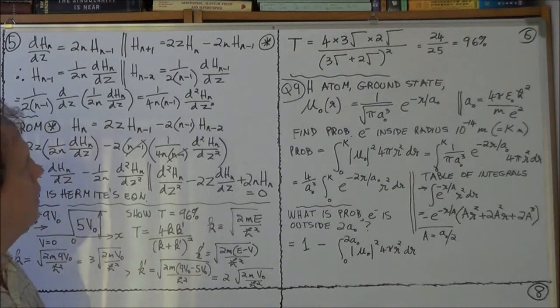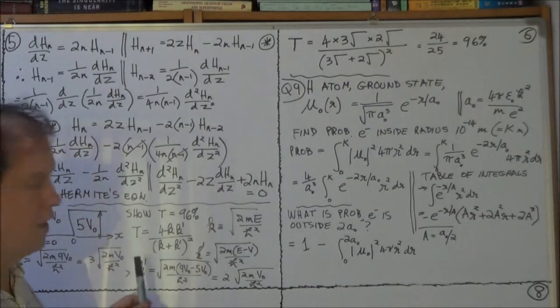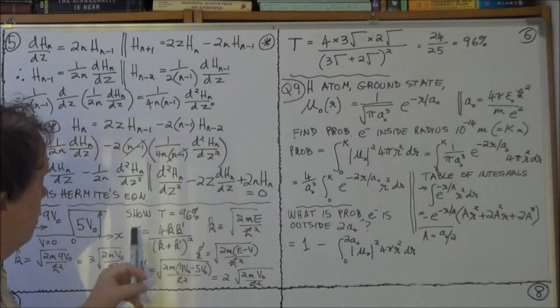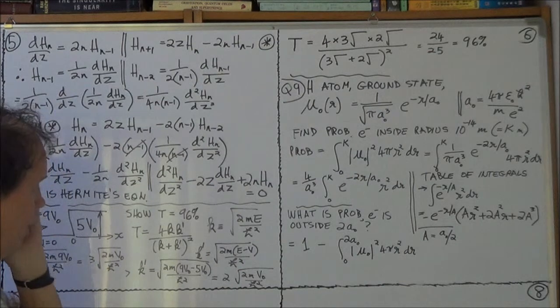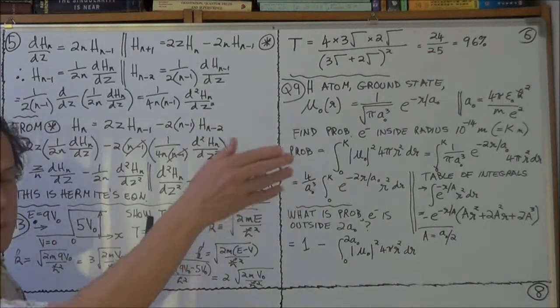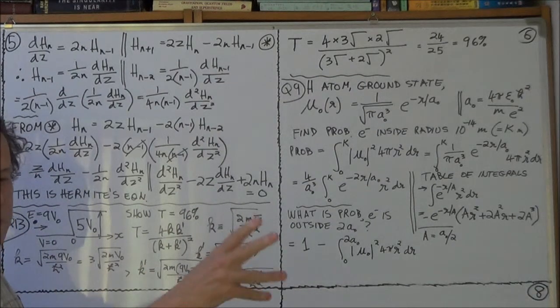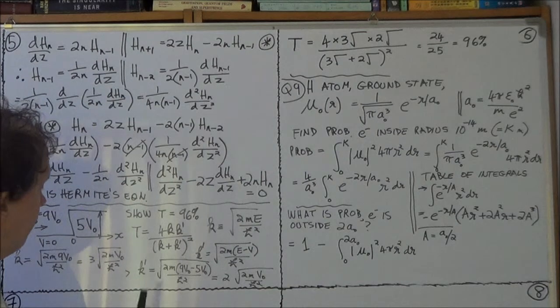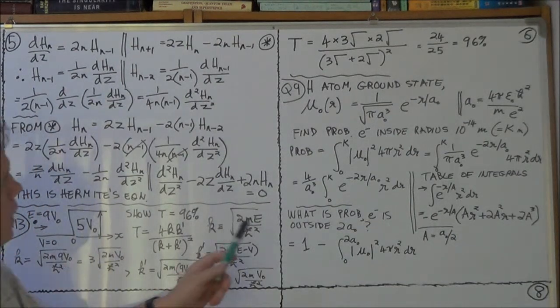Right? So we now know what k and k' are. Just plug them into this formula for T, and it should come out fairly easily. So big T is the fraction of the probability that goes through. Just plug in the 3 root and 2 root for k and k'.